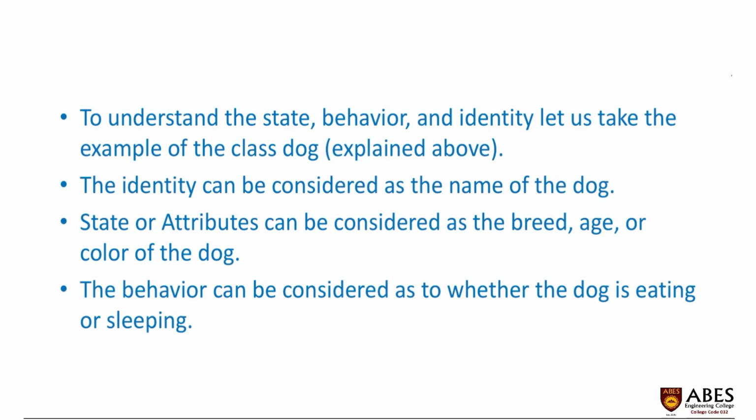Now behavior can be considered as whether the dog is eating or sleeping. So this is the third characteristic of D1, the object of the class dog. Eating and sleeping are the behavior of the dog, meaning D1, which is an object of the class dog.